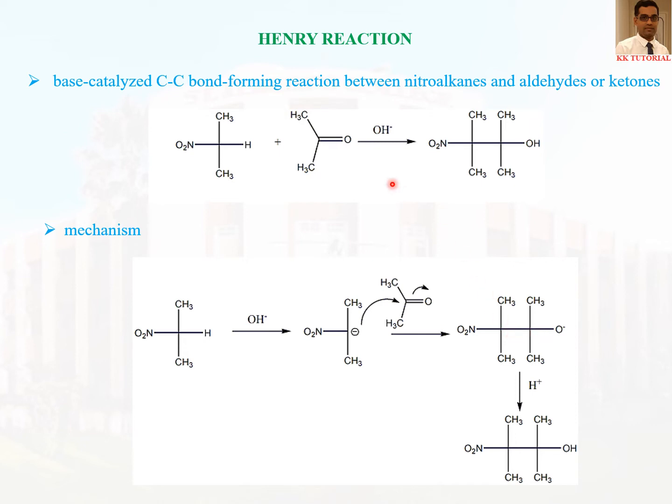This reaction is known as Henry reaction. Primary and secondary nitroalkanes give Henry reaction. Tertiary nitroalkane will not give Henry reaction because there is no alpha hydrogen atom in tertiary nitroalkane.